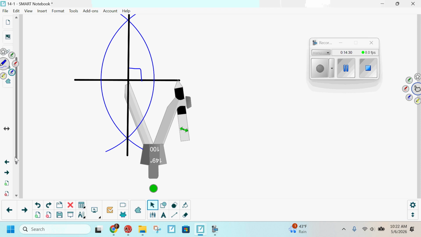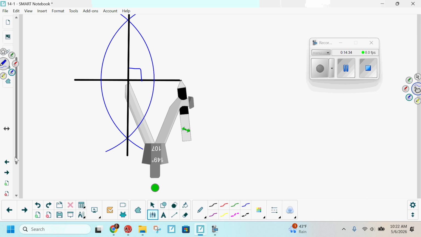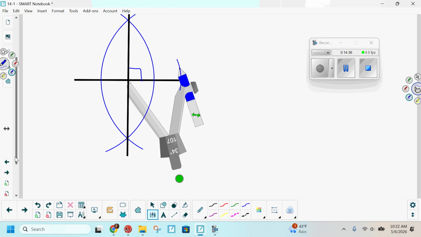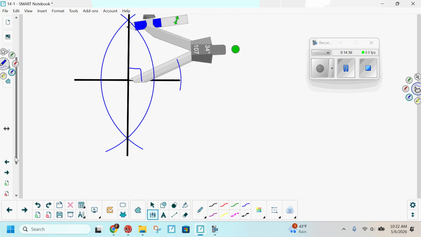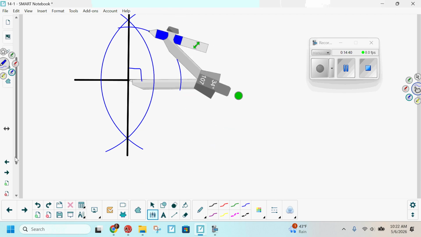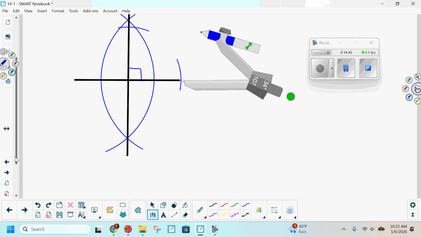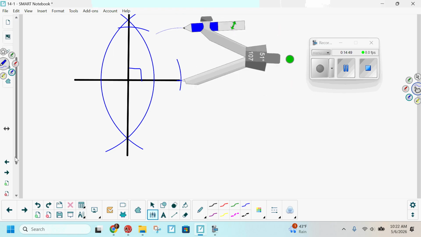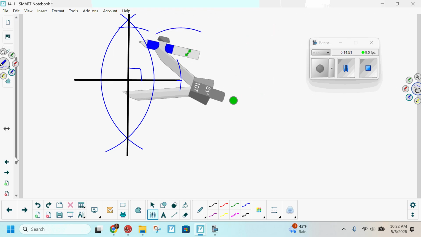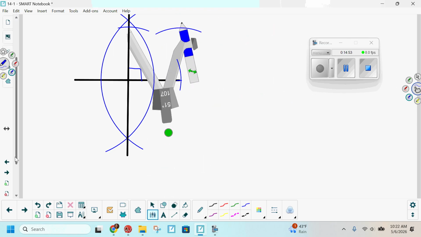So this segment is about that big. Might extend it a little bit, that's okay. And then if I swing this up, and then if I come over here to where this has been extended, and I swing up, and then I can swing on the other side.